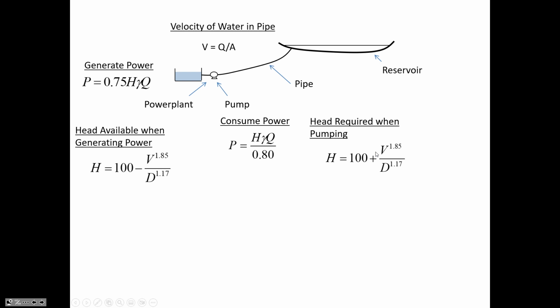So initially I was saying you'd want to maximize Q to be able to sell a lot of this power. You have to have a lot of water flowing through the pipe. But if you have too much water flowing through the pipe, then there's going to be a lot of resistance, and you're going to find a point of diminishing returns.